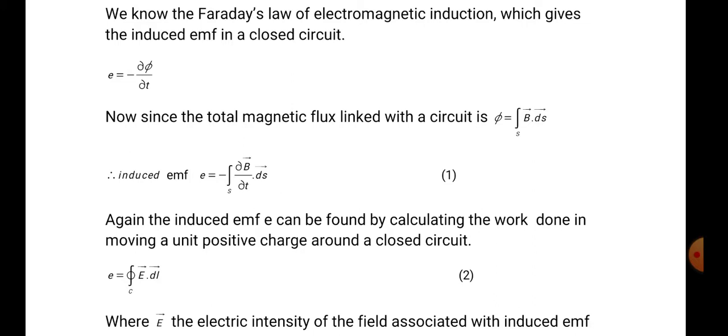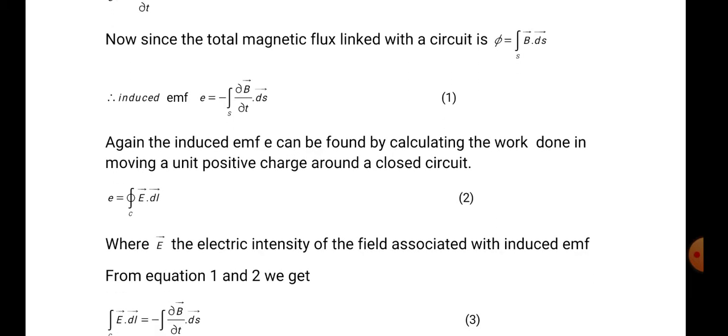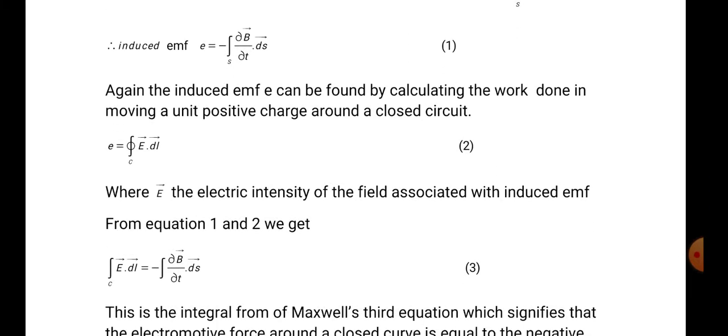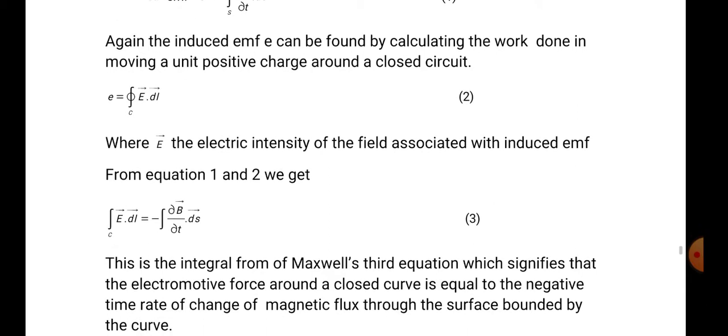From equations 1 and 2, the left hand sides are equal, so the right hand sides are also equal. That means the closed line integration of E bar dot dl bar is equal to minus the surface integration of del B by del t dot ds bar, and this is equation 3.